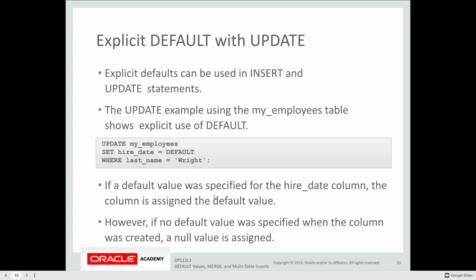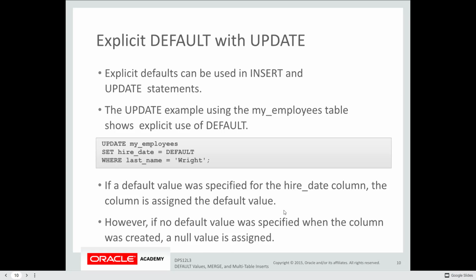So if the default value was specified for hire date, the column is assigned the, well, we know that this is going to be the sysdate. If no default value was specified when the column was created, so this is creating a column.